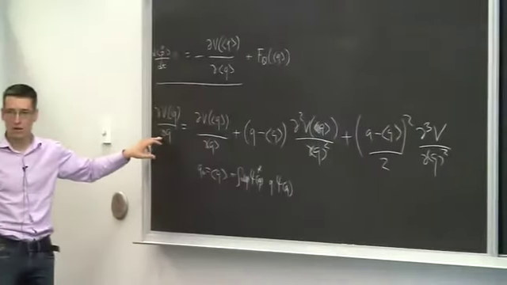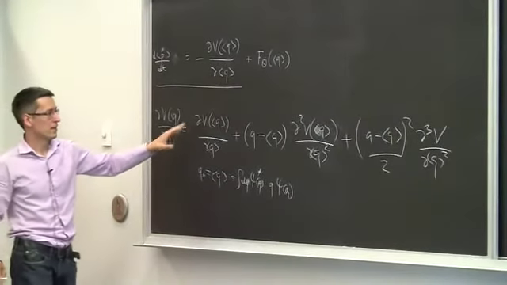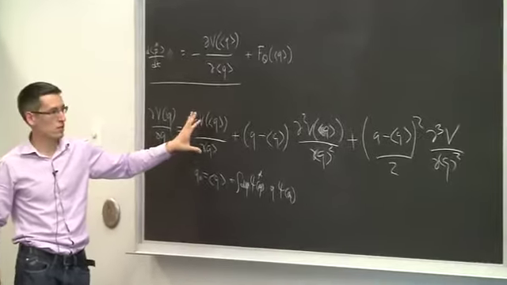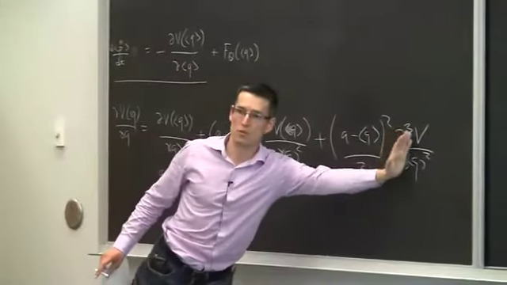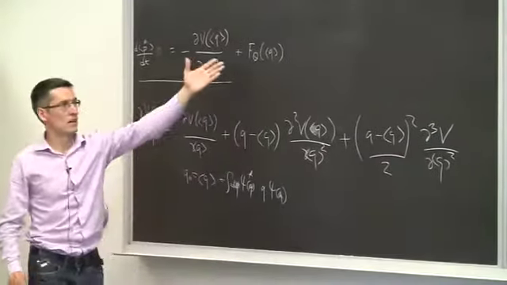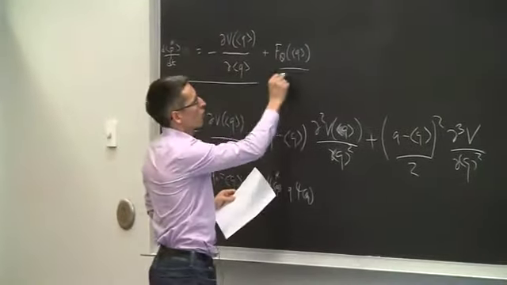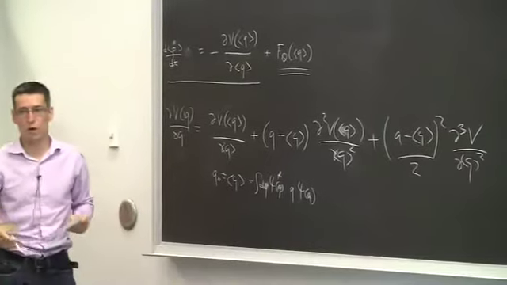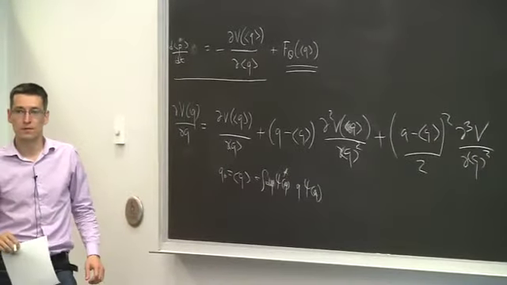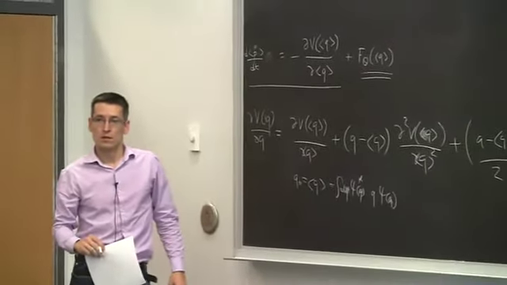Using the Taylor series expansion for the derivative of V, for the force, it can be presented as a classical force plus this part, which is a quantum force. What I'm trying to show you is what the quantum force, the quantum correction, will be. Does that have measurable consequences? Can we measure this quantum force?